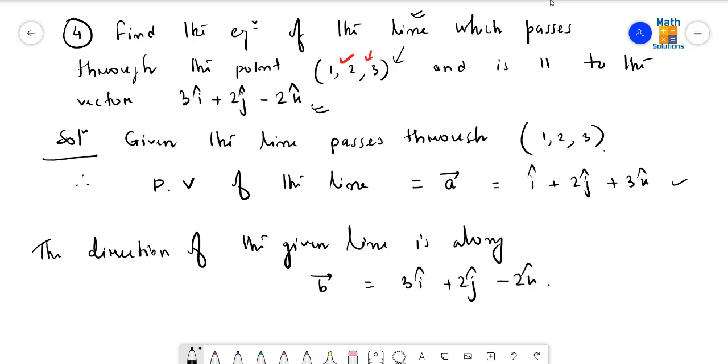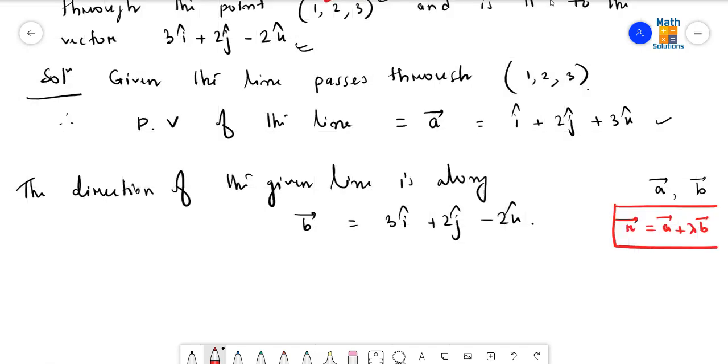Now when we find any line passing through a given point with position vector A, and the line is parallel to another given vector B, the vector equation can be found out using this formula: vector R is equal to vector A plus lambda vector B. So using this formula I shall be finding out the equation of the line in vector form.